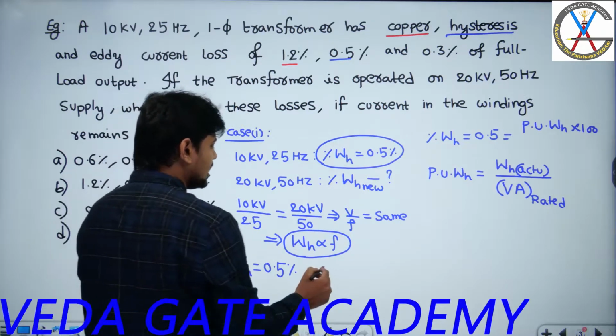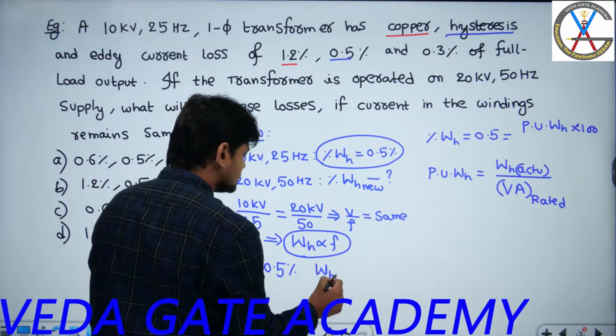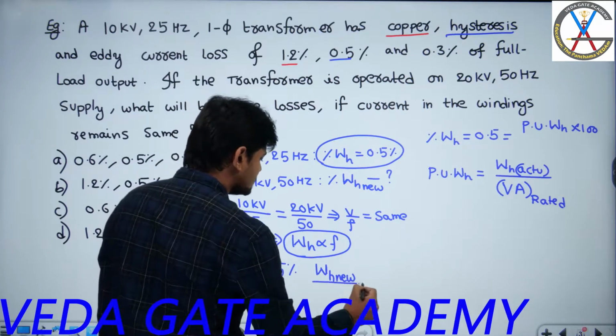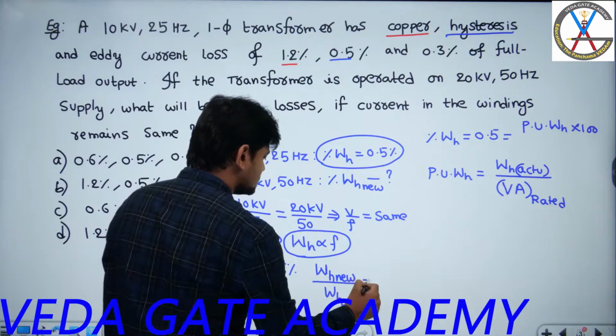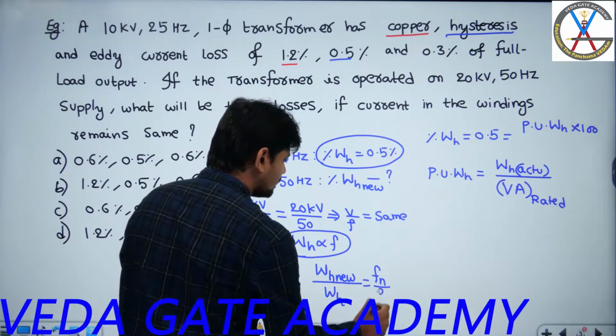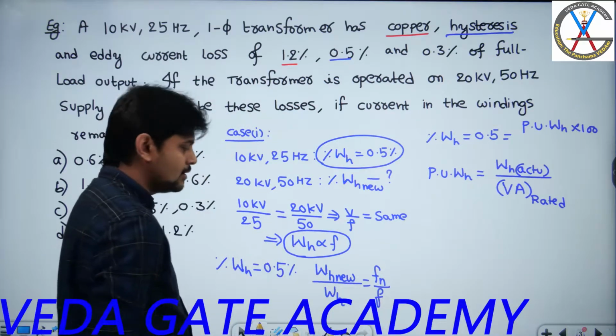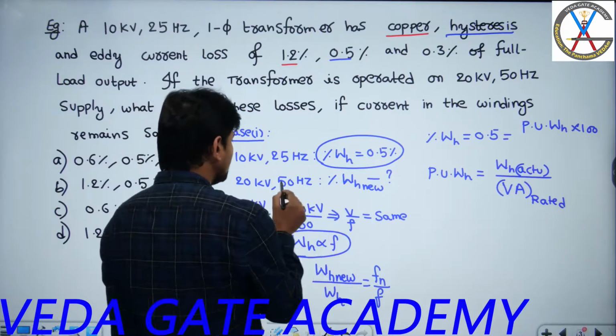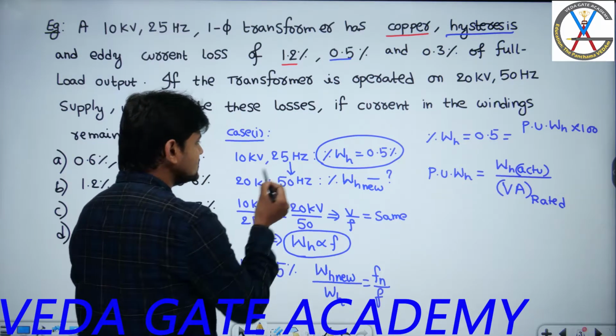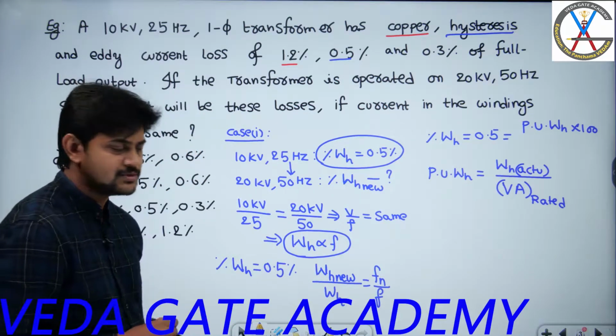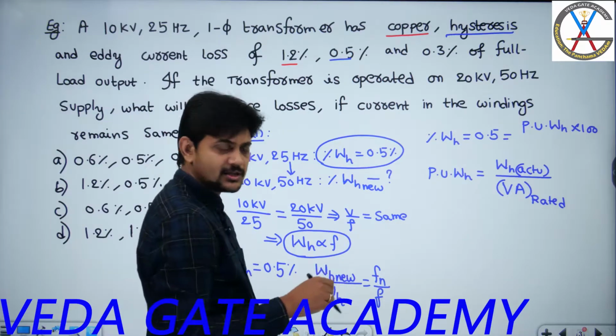Now let us calculate the new hysteresis losses in the second case. The new hysteresis losses divided by original hysteresis losses is equal to new frequency divided by old frequency. The frequency from first case to second case is increased by 2 times.